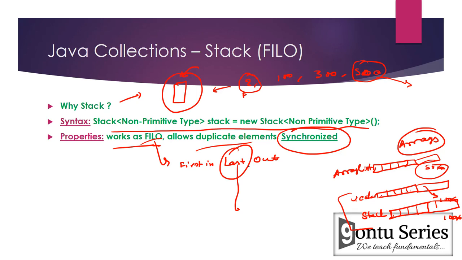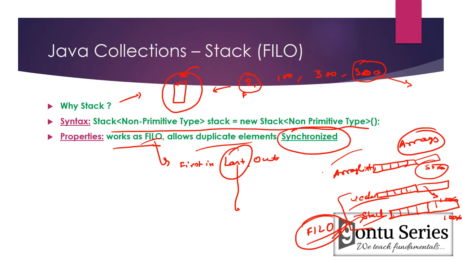The only difference between these is, in vector there is no restriction, but in stack there is a restriction that you are allowed to retrieve only the last element. Guys, one thing you have to understand, stack allows you to retrieve only the last element. It works on the principle of first in, last out. That is the only thing that you have to remember, and the rest it is a vector only.